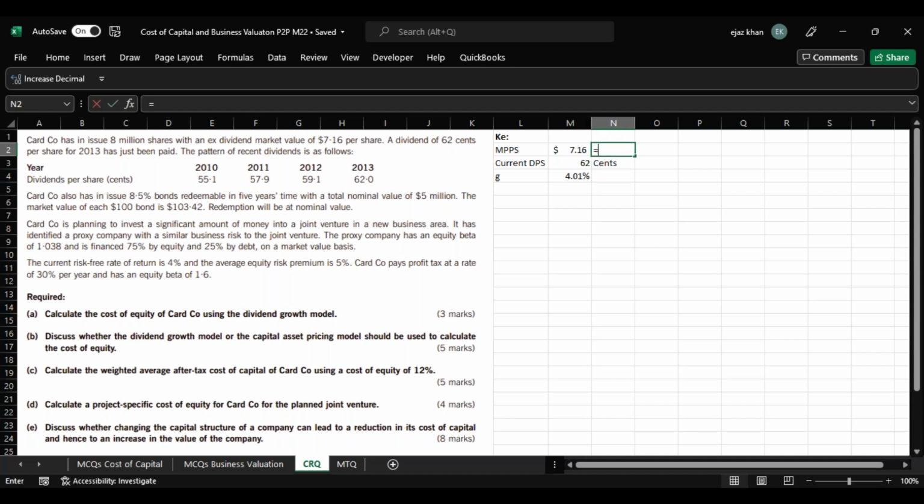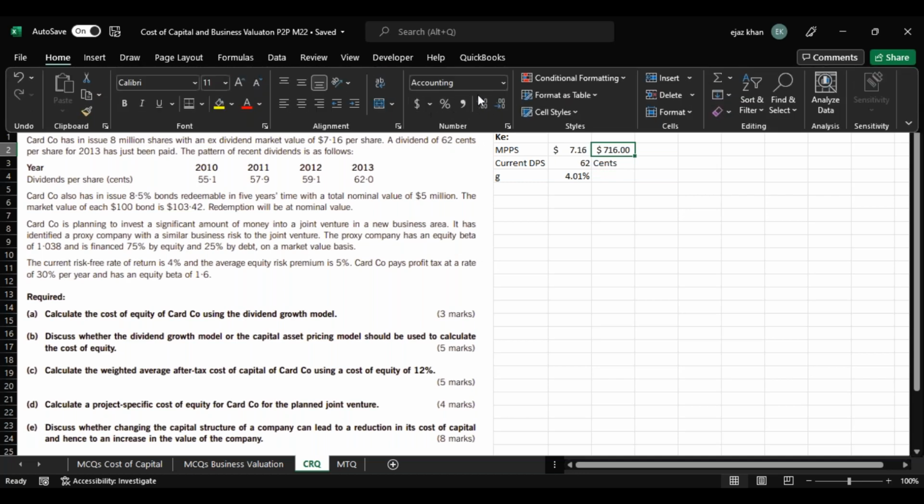Let me convert it into cents here so that we don't have complications in the formula.